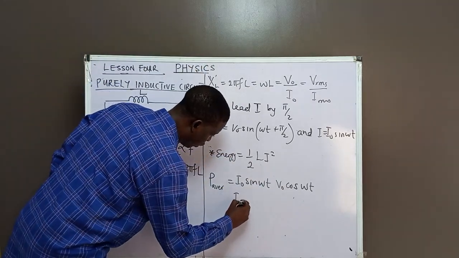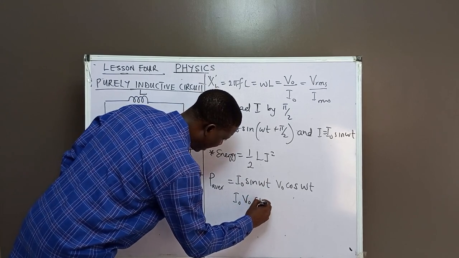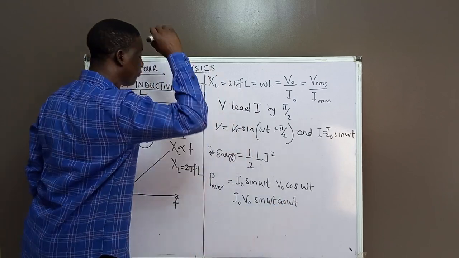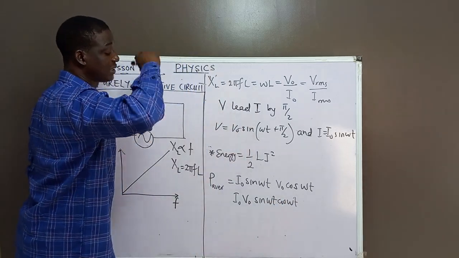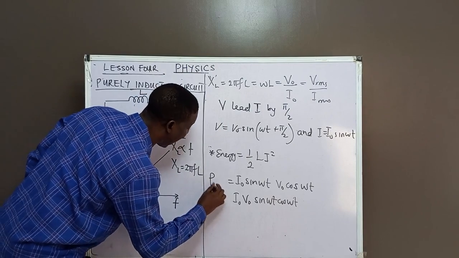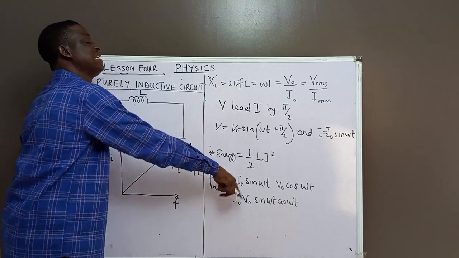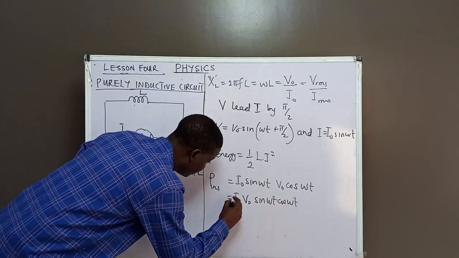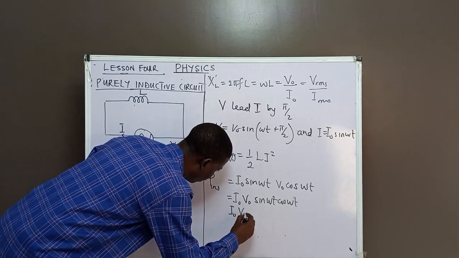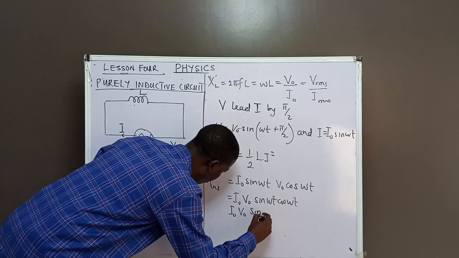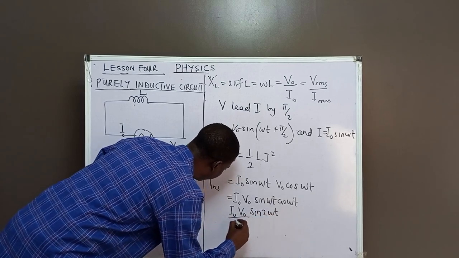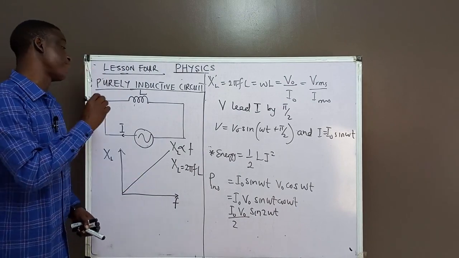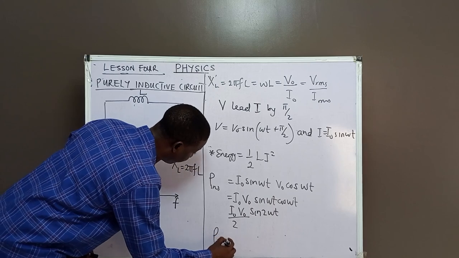So we are going to have I naught V naught sine Wt cos Wt. This is the instantaneous power, which is still the same as for the capacitive circuit. You see that I naught V naught becomes sine 2 Wt over 2. I've given you this formula before. Then don't forget that the power loss is equal to 0.